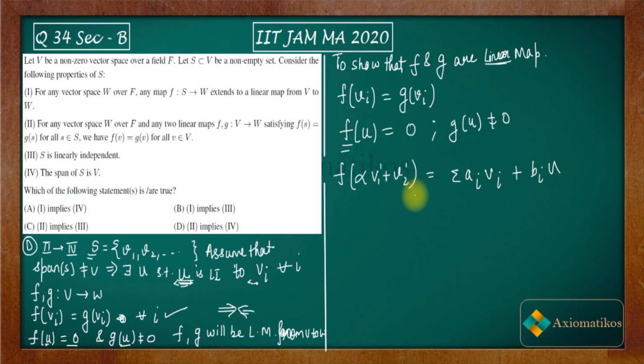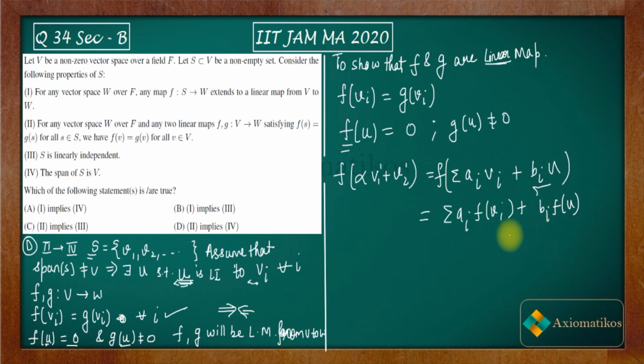So what will happen now if you apply F? Now you can just take this out. Why can you take this out? Because F is linear on this S. So you will get summation ai F of Vi, and then bi of F of U. So finally we get that they are linear.